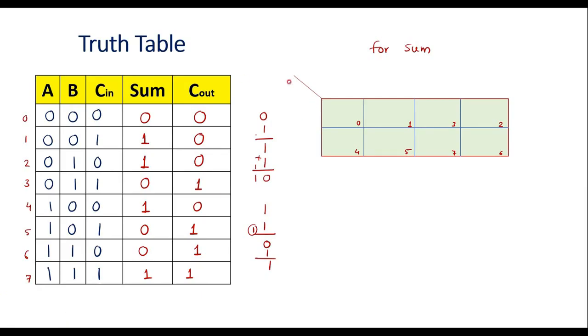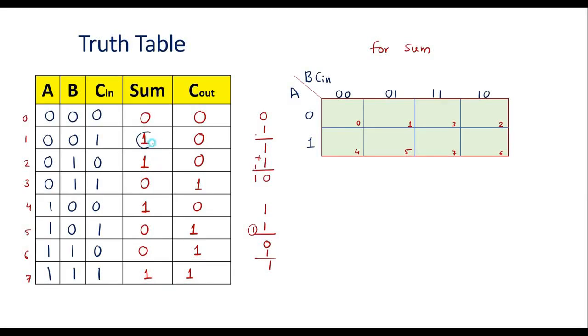Here we have 3 variables. Let me use the variable A here, and B and C in here. So B and C in possible inputs are 0 0, 0 1. In the K-map we write 1 0 here and 1 1. A can be 0 or it can be 1. Now we have to get the Boolean expression for sum. We see in the output column where there exists 1.